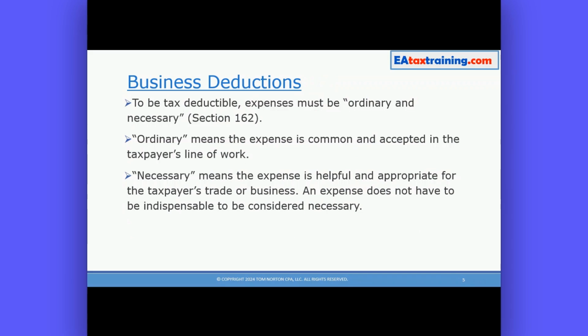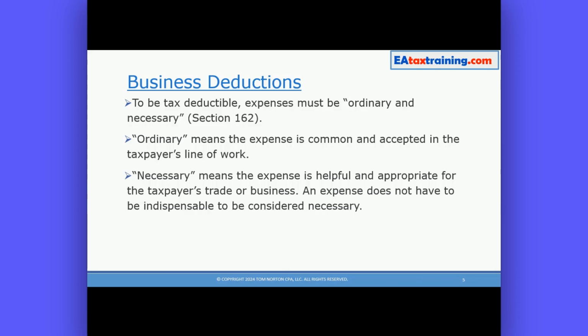An expense does not have to be indispensable to be considered necessary. Normally when we hear the word necessary, we think it's something you absolutely have to have. Your business could not run if you did not have this expense. But that is not what necessary means in this context. As it says there, it just means it is helpful and appropriate for the taxpayer's trade or business.